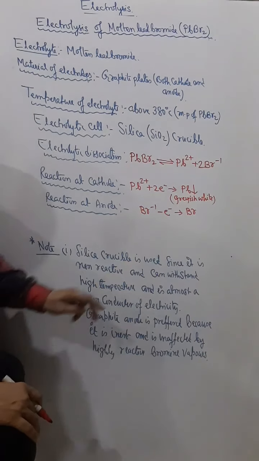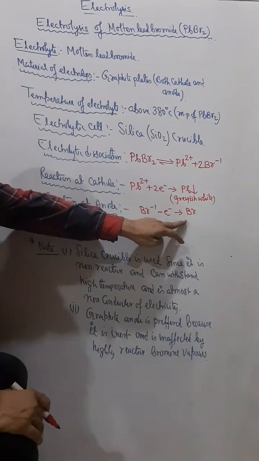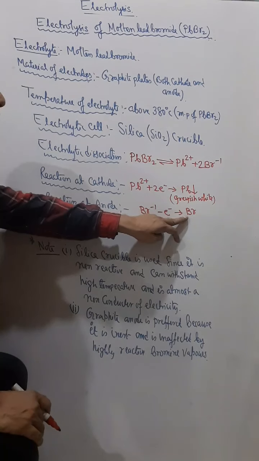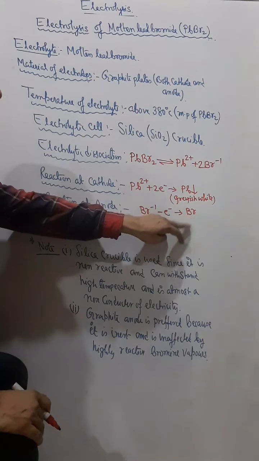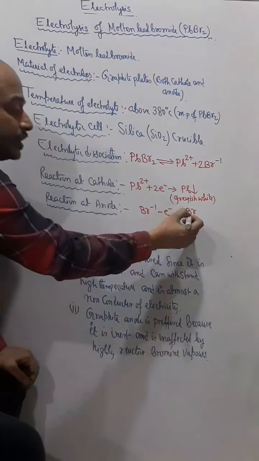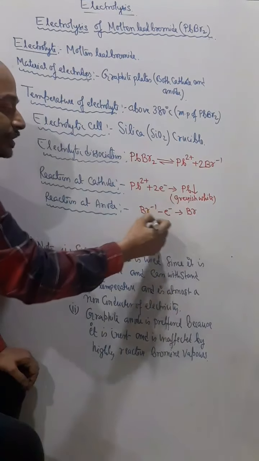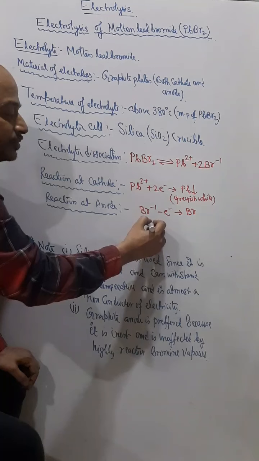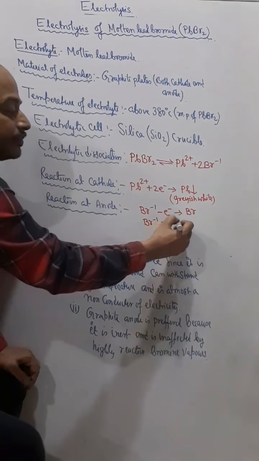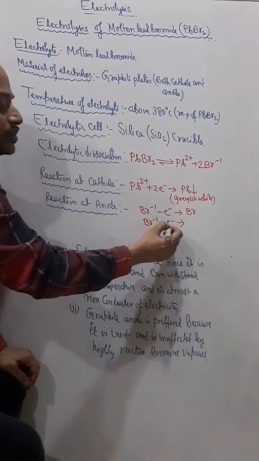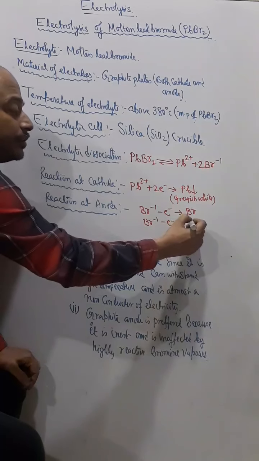But as you know, chlorine, bromine, iodine, or other gases like hydrogen, oxygen, they always stay in a diatomic state. So naturally this bromine atom will react with another bromine atom that will be discharged. So we take another bromide ion, losing an electron, and you get a bromine atom.